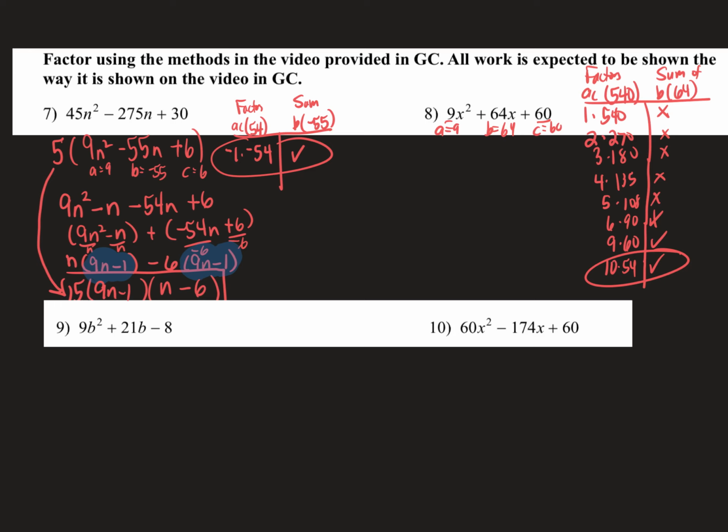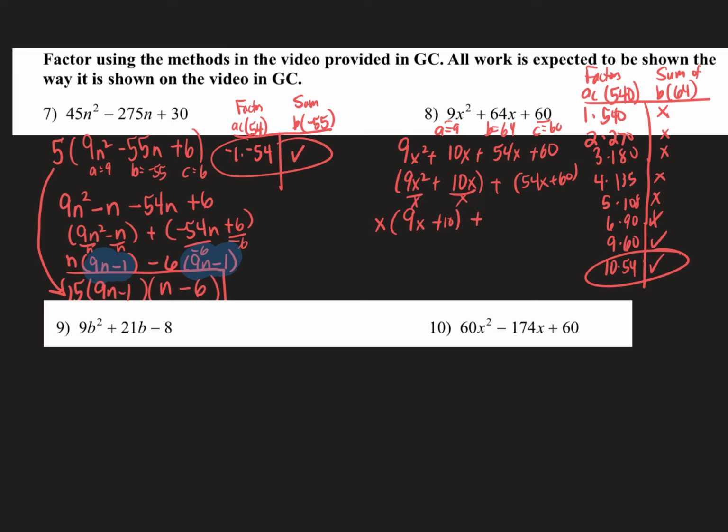I'm going to rewrite that as 9x squared plus 10x plus 54x plus 60. I'm going to group the first two together, group the last two together, put a plus sign in the middle. The first group has x in common. 9x squared divided by x is 9x, and 10x divided by x is 10, so 9x plus 10.